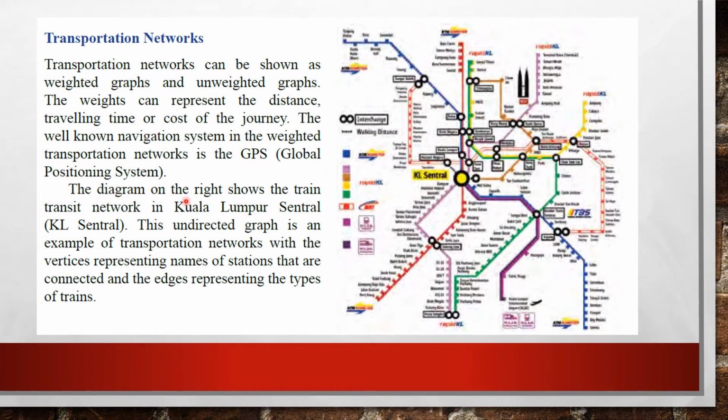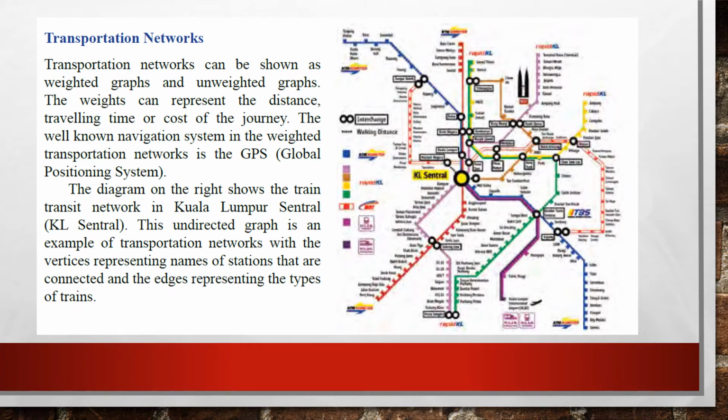The diagram on the right shows the train transit network in Kuala Lumpur Central, KL Central. This undirected graph is an example of transportation networks with the vertices representing names of stations that are connected and the edge representing the types of trains.